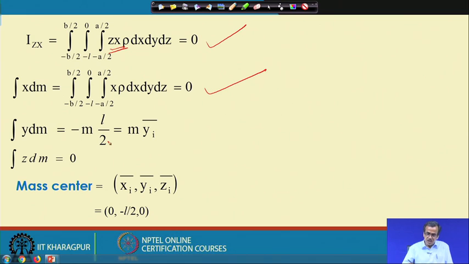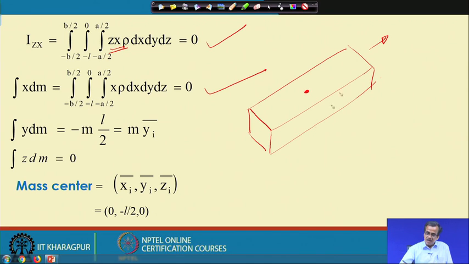Now, if you just see this rectangular cross-sectional link, it is something like this. Here the mass center is here. This is the y direction and the total length is L. So, the x coordinate of the mass center is 0, the y coordinate of the mass center is nothing but minus L by 2, and the z coordinate is 0.